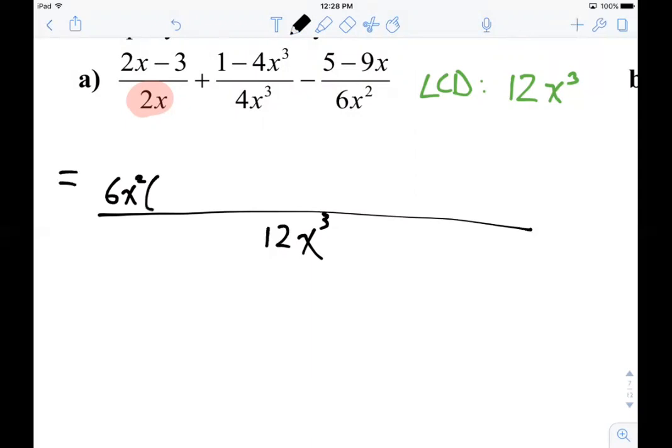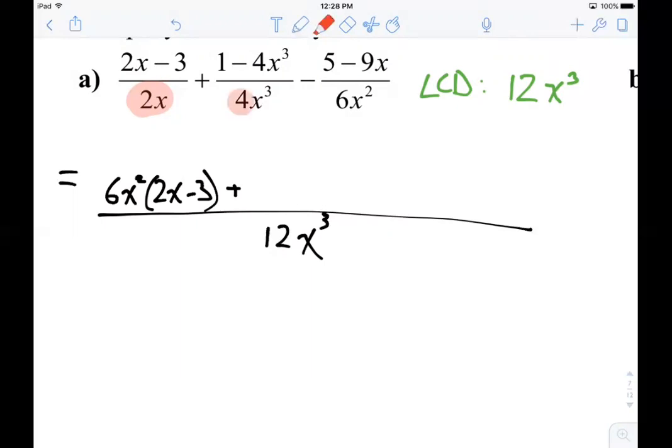which means I'm literally going to take the 2x minus 3 that I already had in my numerator, and I'm just going to multiply it, using brackets for now, by 6x squared. Now the next term had a numerator of 1 minus 4x cubed, but I have to think about what I would have done to its denominator.